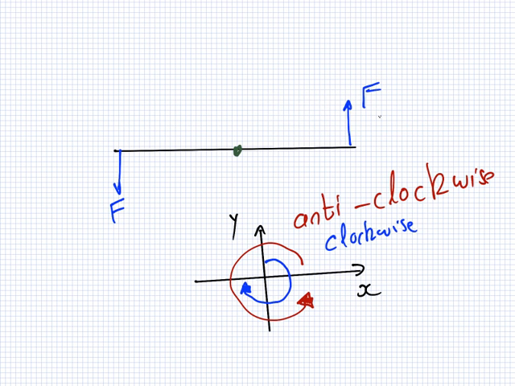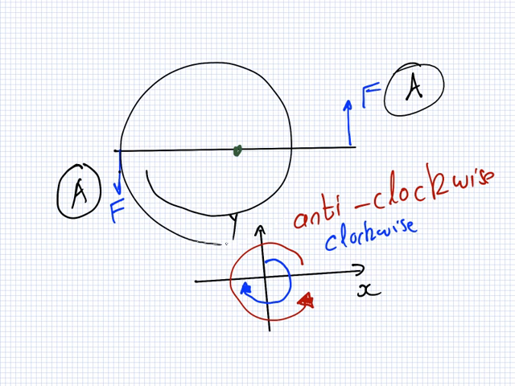This guy? Anti, so I'll write an A here. And this guy? No, anti. It's going this way around, isn't it? So you have two anti-clockwise forces. So then it will rotate anti-clockwise.